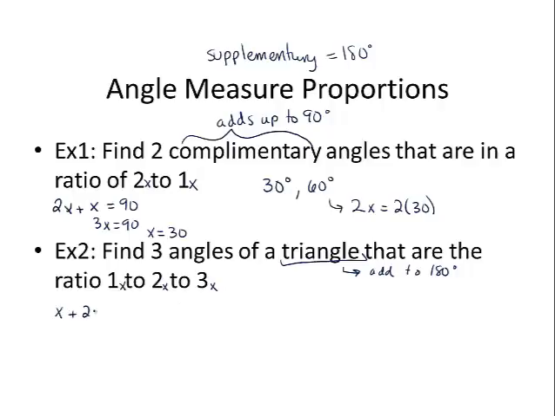So x plus 2x plus 3x equals 180. That's 6x equals 180. So x equals 30 again. And then I have a 1, so that's a 30. I have 2, so that's 60. And then I have 3, so that's 90. So this triangle would be a 30, 60, 90 triangle, and it would be in that ratio of 1 to 2 to 3.